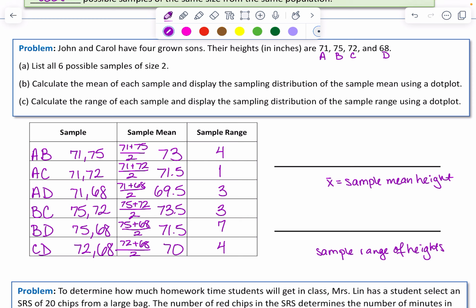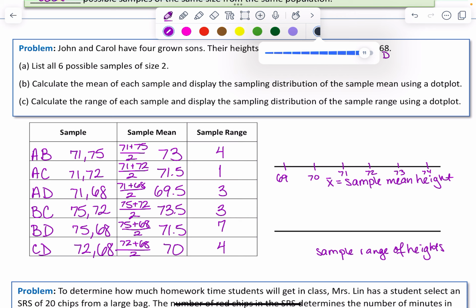Okay, so my mean needs to go between 69 and 74. So 69, 70, 71, 72, 73, 74.